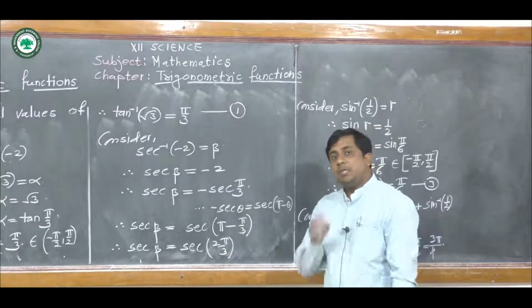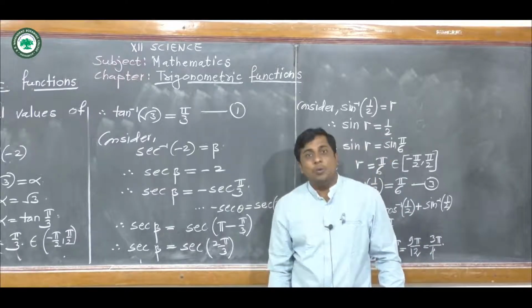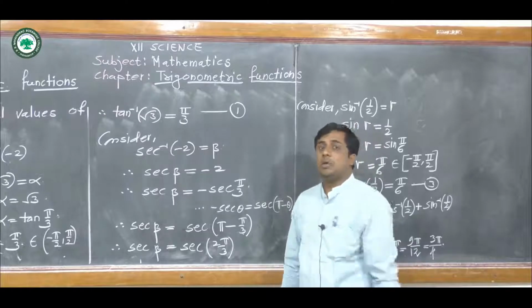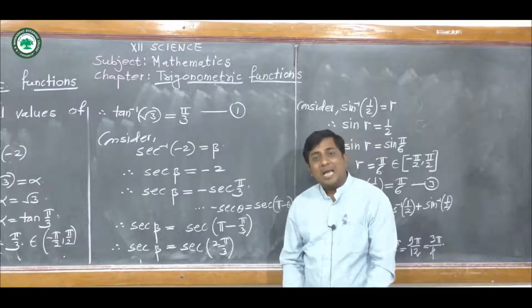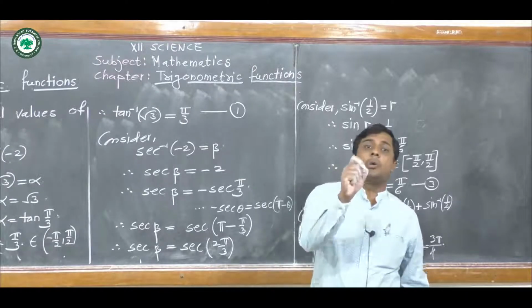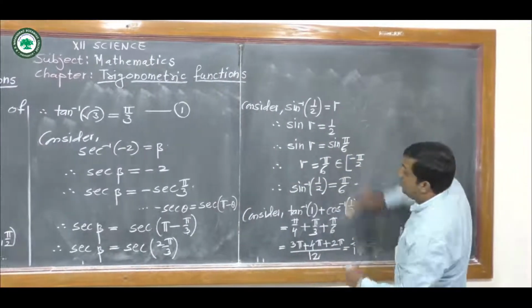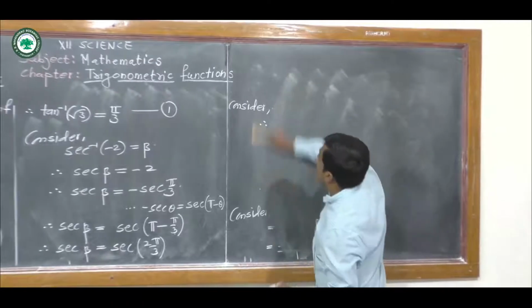Now we consider the principal value branch for the sec inverse, and we know this is the closed interval 0 to pi. Our value lies in the closed interval 0 to pi. So we know 2 pi by 3 lies in this interval.